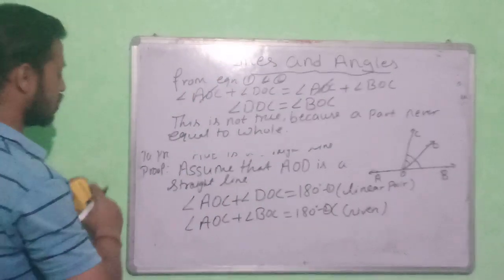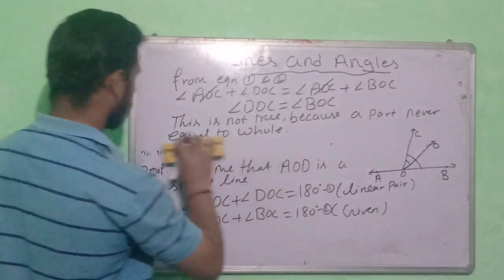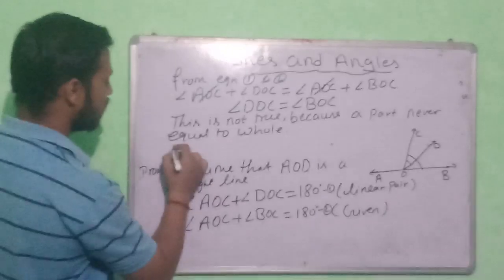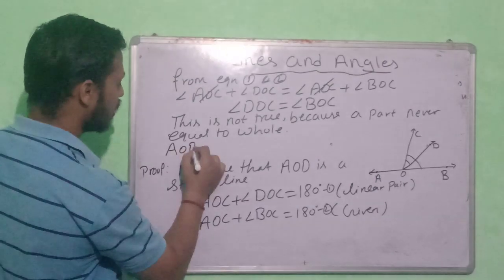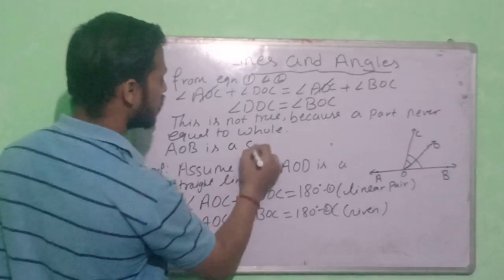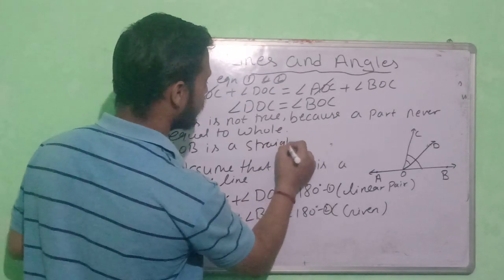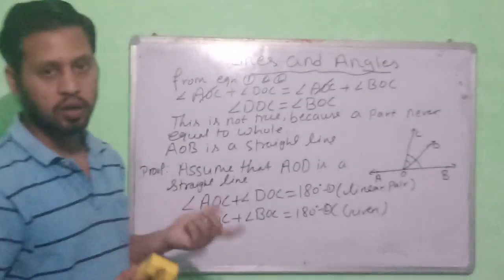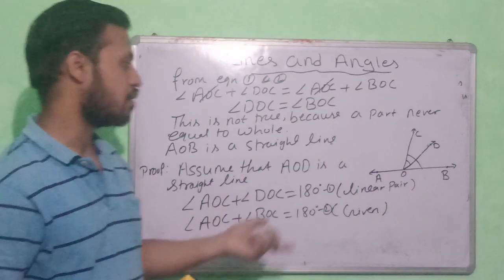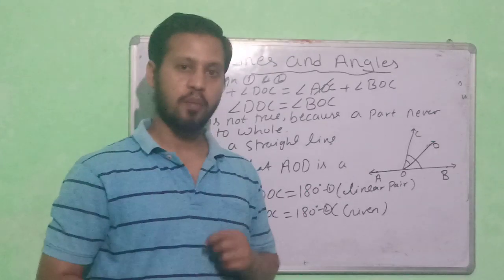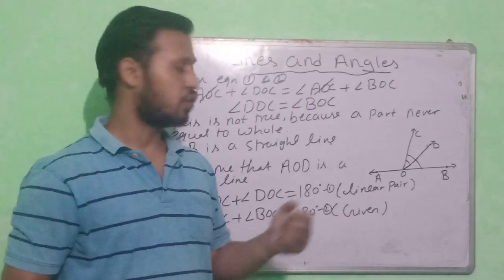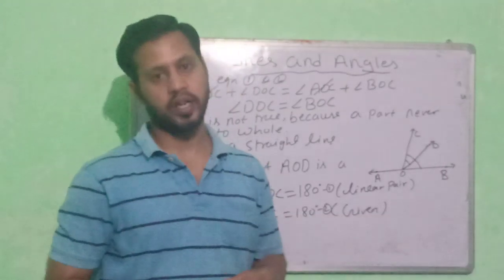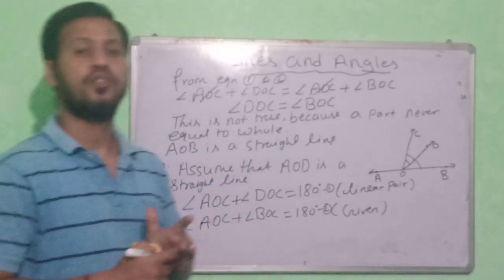This means that we proved that AOB is a straight line, because our assumption is wrong. We assumed that AOD is a straight line, but as our assumption is wrong, we can say that AOB is a straight line.